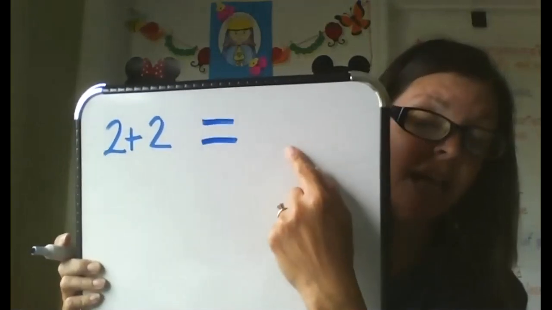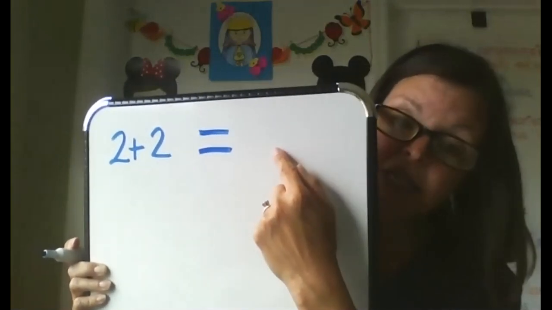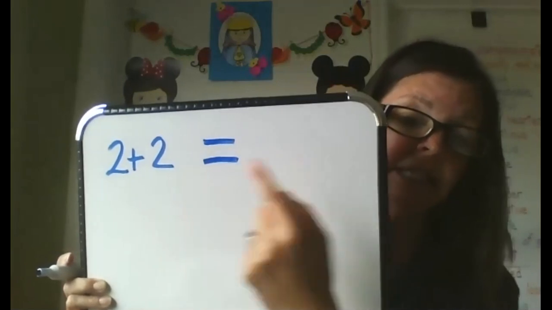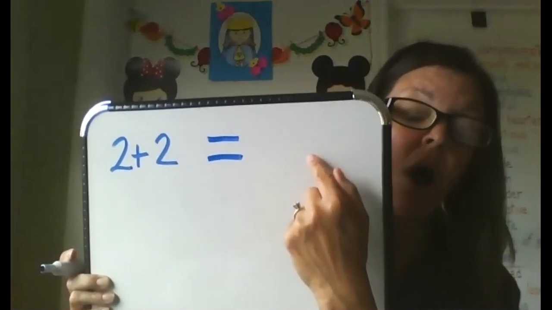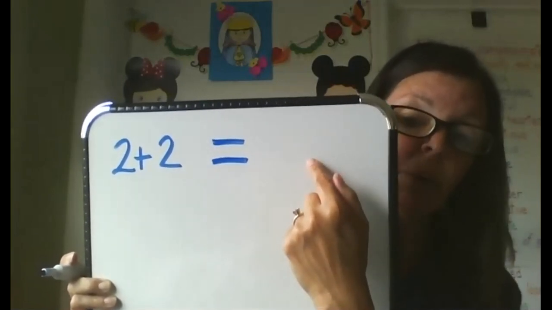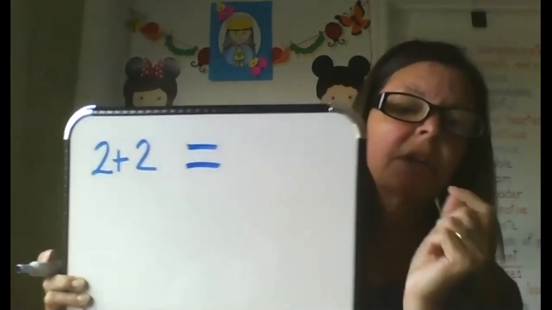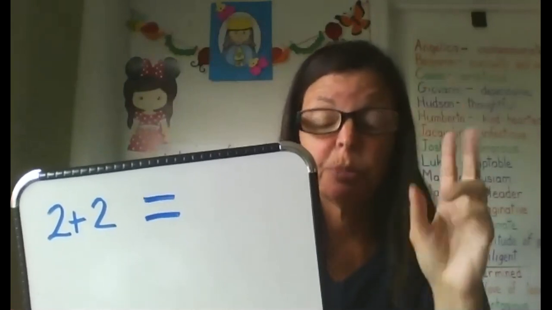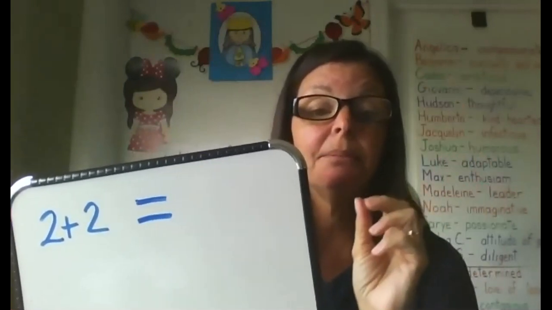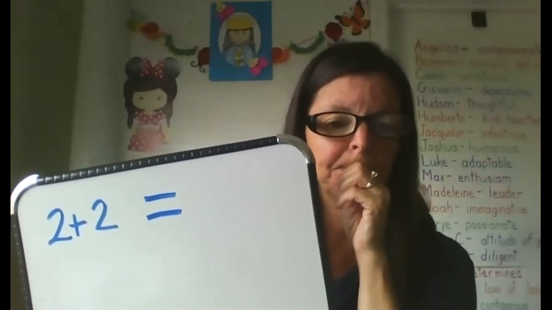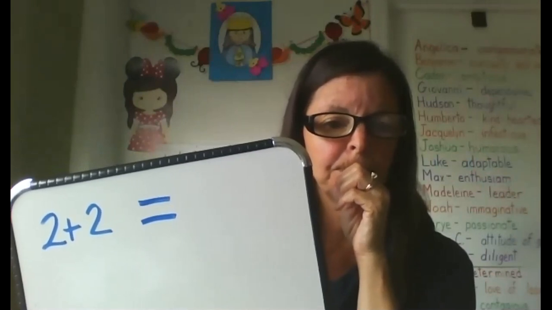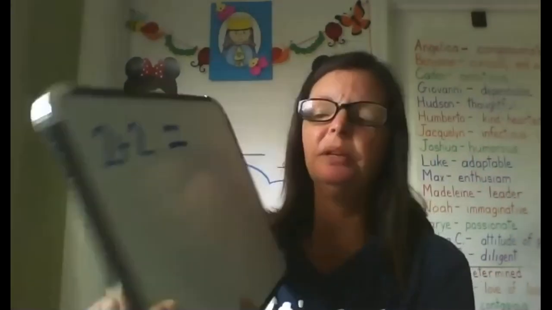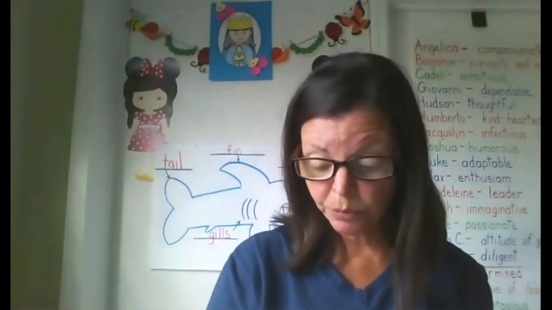Well, on this side, whatever my addition sentence is, it's also going to have to equal 4. So let's think about that for a minute. What are some other ways besides 2 plus 2 that we can make 4? Very good. 3 plus 1 would be one way.